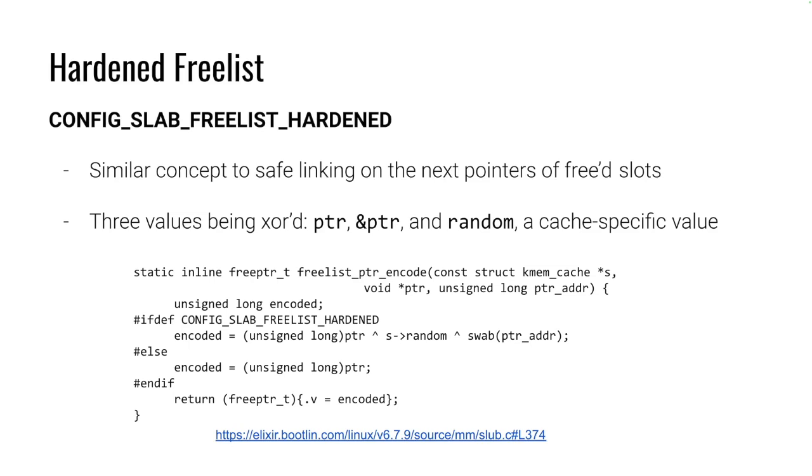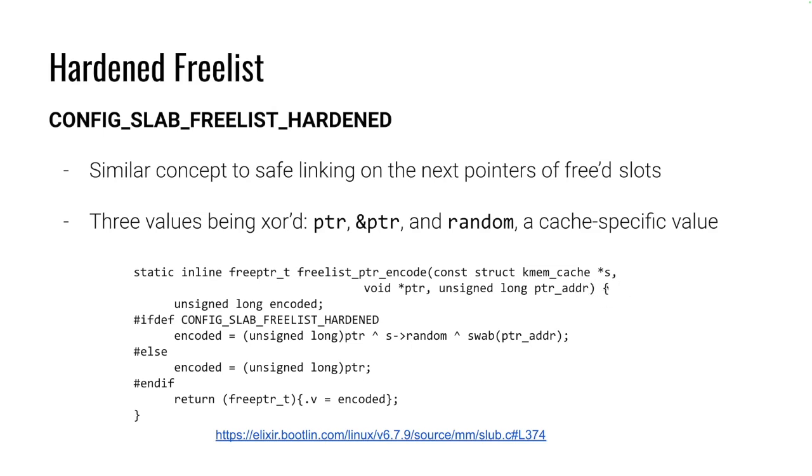There's the pointer itself, there's the address of the pointer, and then there is a random cache-specific value, which is just referred to as random. And we see here in the code snippet that random is attached to the kmem cache.